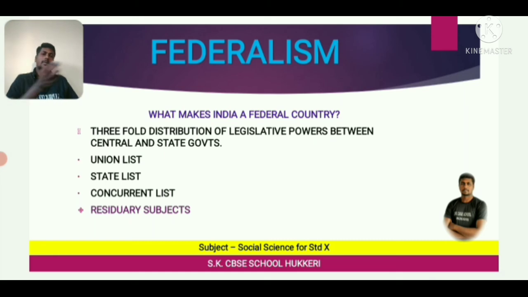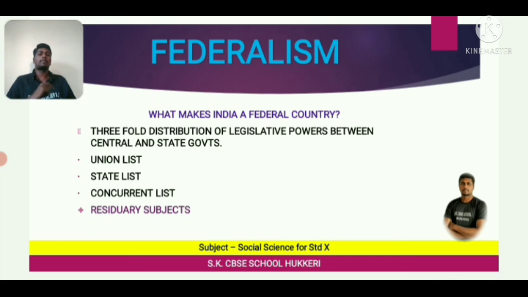Then it has to be sent to the state legislatures, I mean the Vidhan Sabhas. That law has to be sent, and at least 50% of the state legislatures, the Vidhan Sabhas, have to give their acceptance, their green signal to those changes.